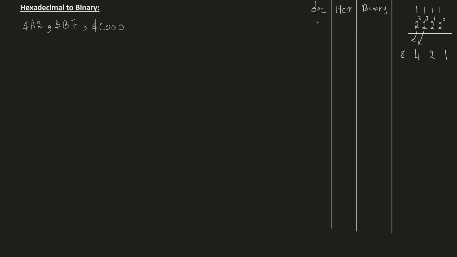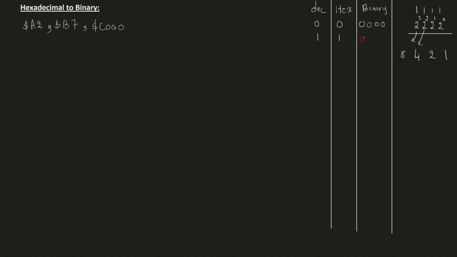So let's start. In decimal, if we have 0, in hex it's 0. In binary it stays 0, 0, 0, 0. How about 1 in decimal? It's still 1 in hex. In order to get 1, we need this bit to be 1 and the rest zeros.